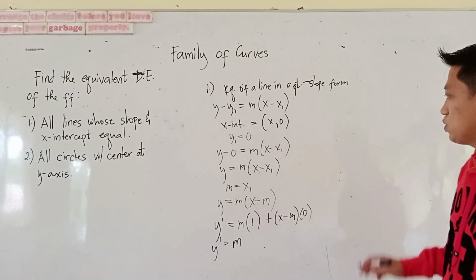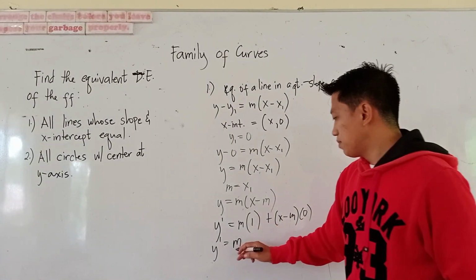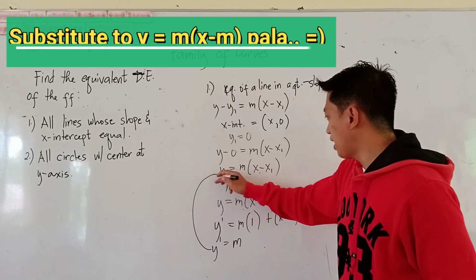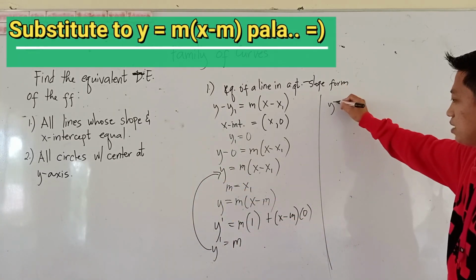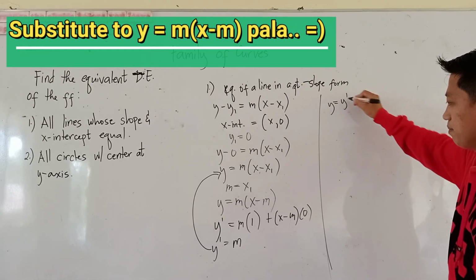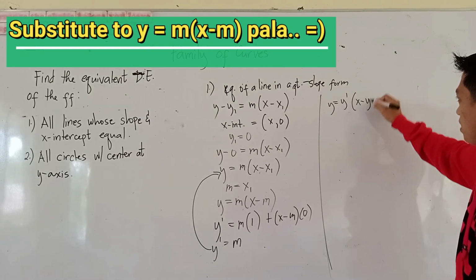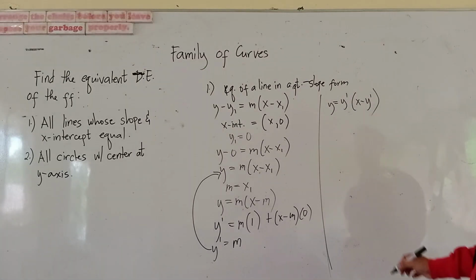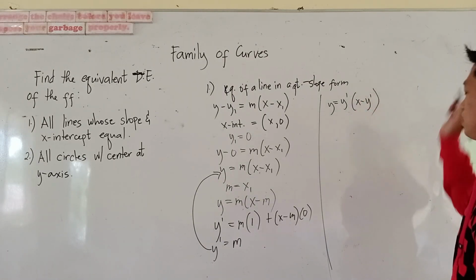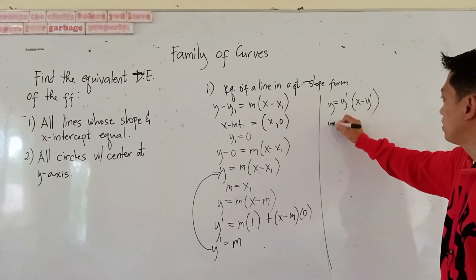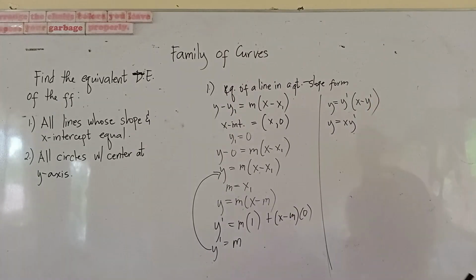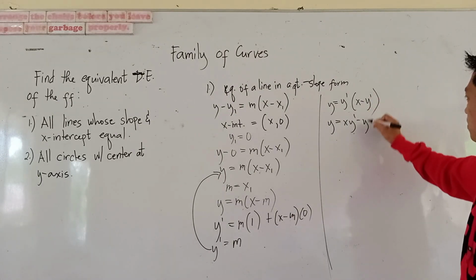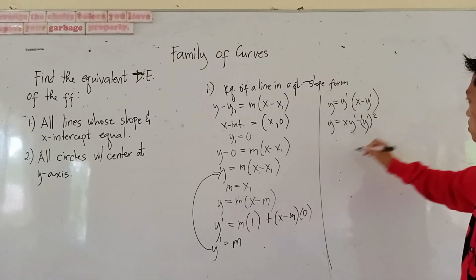So yung gagawin natin is we're going to substitute y prime to m in this equation. So magiging y is equal to y prime times x minus y prime quantity. Okay, y prime times the quantity of x minus y prime. Simplifying, we have here x y prime minus y prime quantity squared.